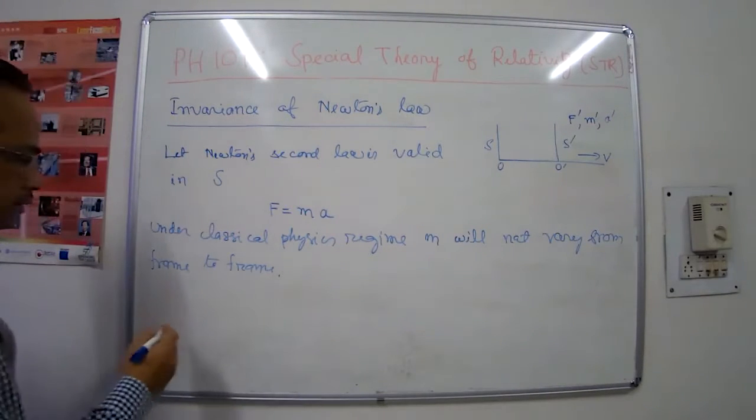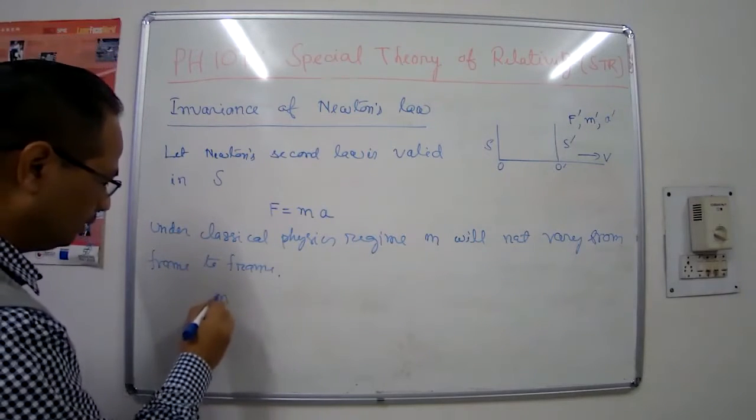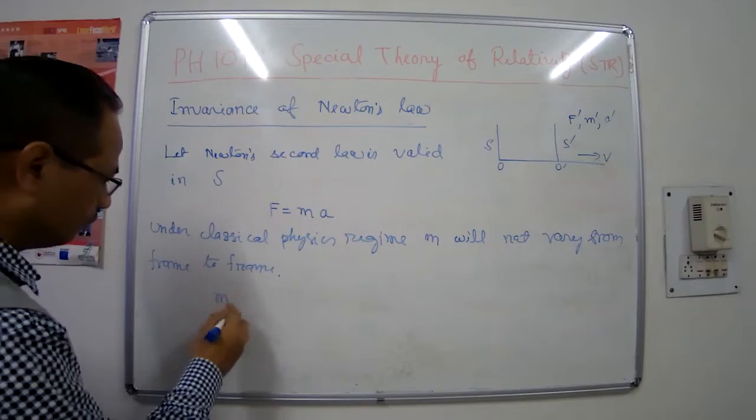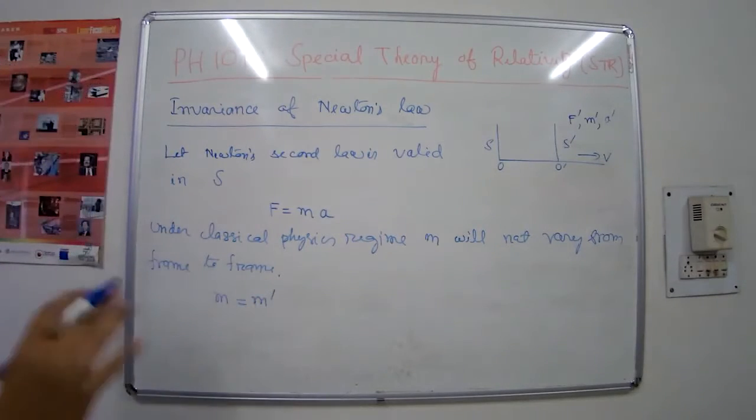So that means if I have the mass m of a body in frame S, if I make a measurement from S prime also, they should be the same. So m equal to m prime.